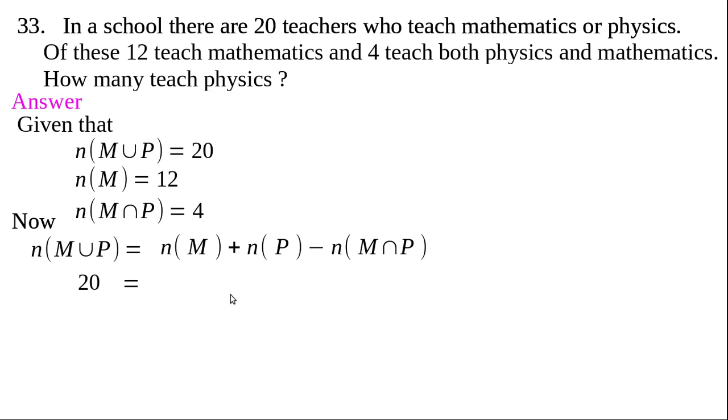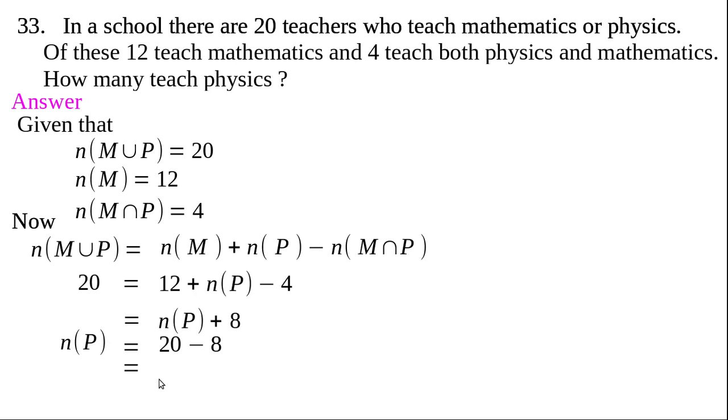Just replace these numbers like this. That is equal to number of P plus 12 minus 4 is 8. We want to find number of P. Number of P is equal to 20 minus 8, that is equal to 12. It means that number of teachers who teach physics is equal to 12. Answer to question number 33 is over.